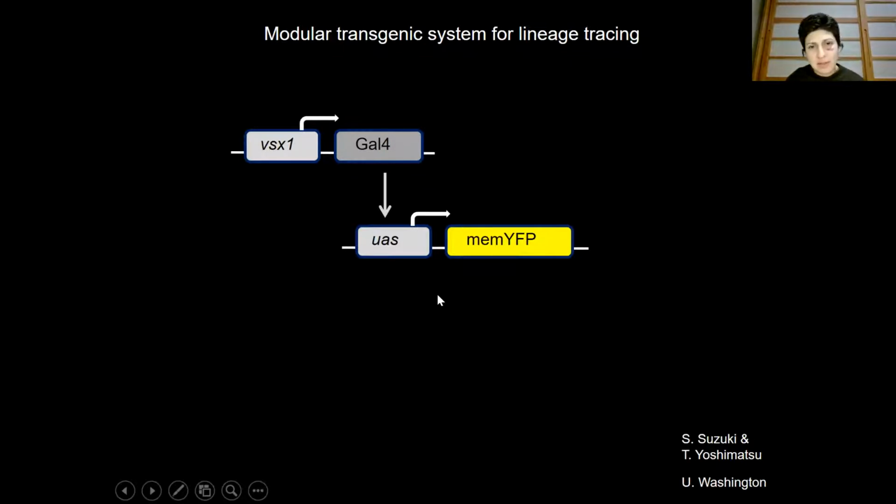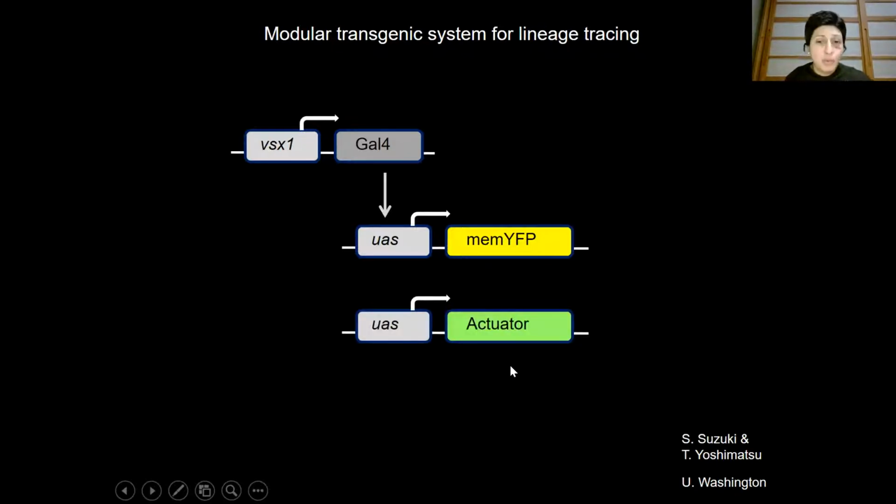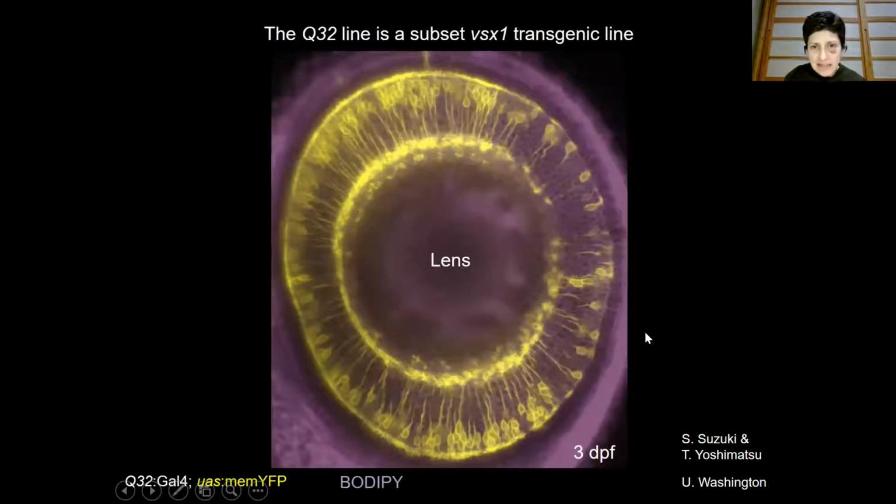This is a binary system that's very useful to us, borrowed from Drosophila, not only because you can express multiple transgenes, but you can also express not just reporters, but actuators as well. So we were very fortunate to have this long before it was published. And as you can see here, I hope, in yellow are bipolar cells being driven by VSX1 promoter elements.